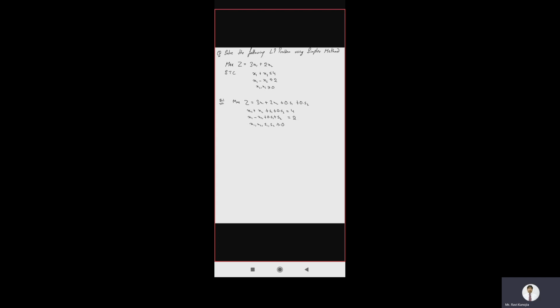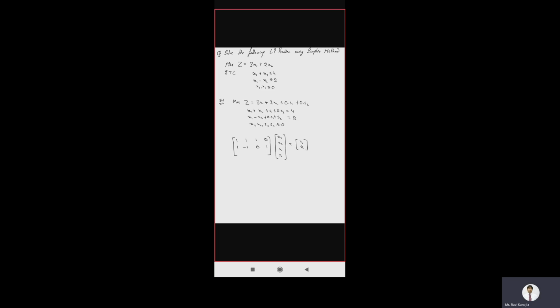Right? Now I'll write this equation into the matrix form. I'll write the constraint equation: 1, 1, 1, 0, then 1, minus 1, 0, and 1. Then we have 4 variables, x1, x2, s1, s2, and the right hand side values are 4 and 2.